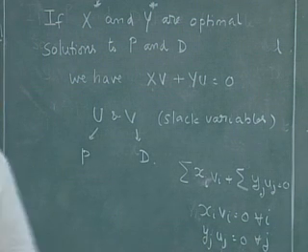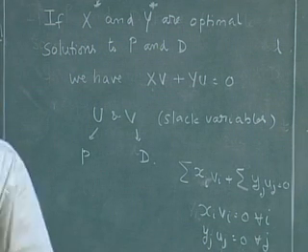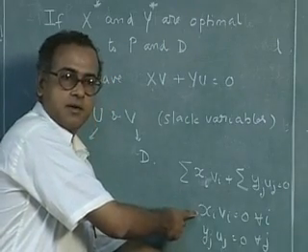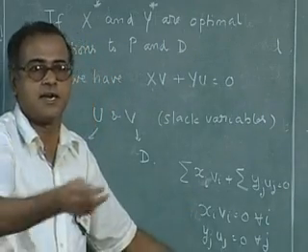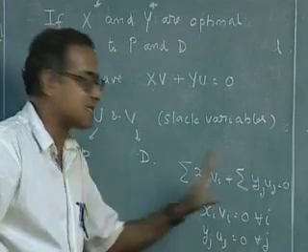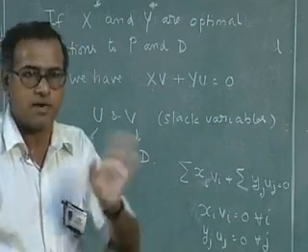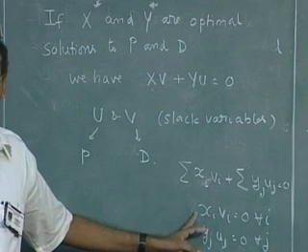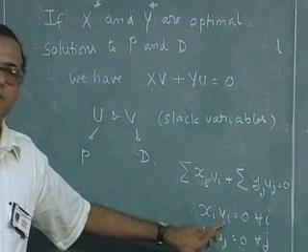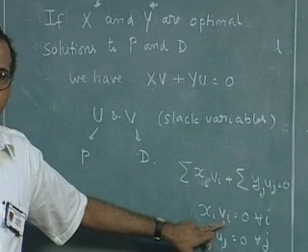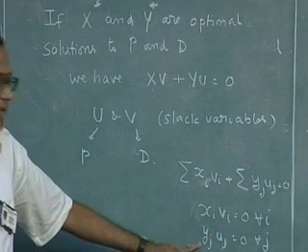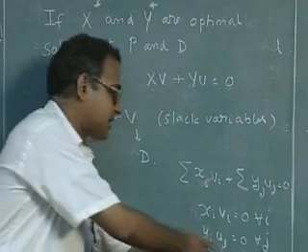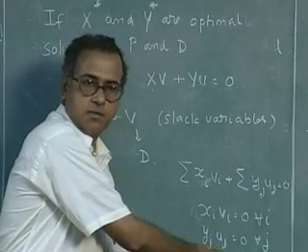It tells us that at the optimum, if a particular variable x is a basic variable and takes a positive or non-negative value, now let us leave out things like degeneracy and alternate optima for a moment. If a particular x is a basic variable at the optimum, then the corresponding dual slack will be equal to 0. If a particular dual variable is basic at the optimum, then the corresponding primal slack will be equal to 0.